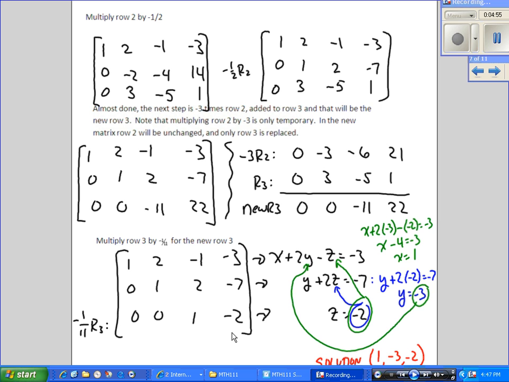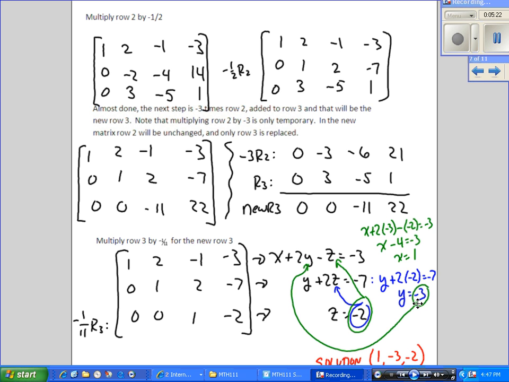Okay, so what do we actually know at this point? We know z equals -2. I should probably start at the beginning here: 1x plus 2y subtract z is negative 3, y plus 2z is negative 7, and z equals negative 2. So because I know z equals negative 2, I can put that in the second equation, and then I can solve for y.